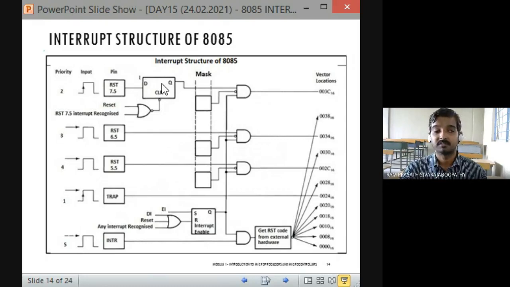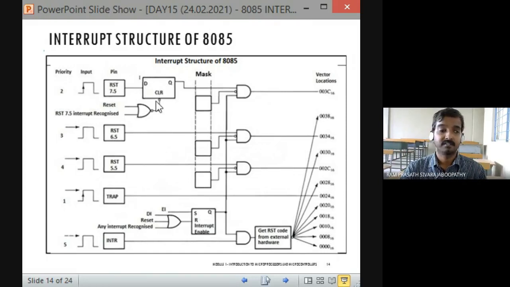Clear? If edge sensitive, it needs a flip flop so that the request can be stored. Whenever the processor checks for this interrupt, it will check the status of the RST 7.5 flip flop first. If it is 1, what is the meaning? At some point of time an interrupt has occurred.